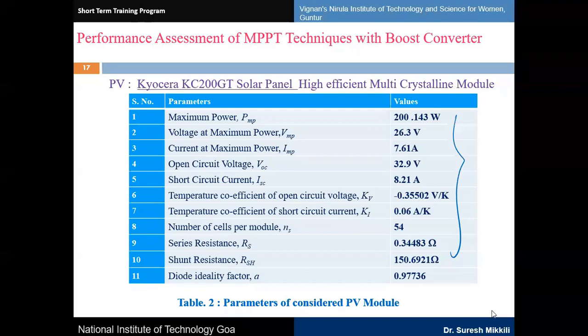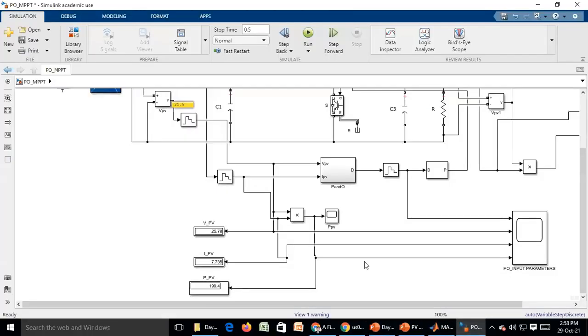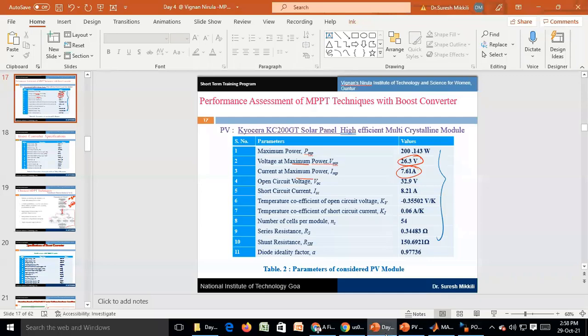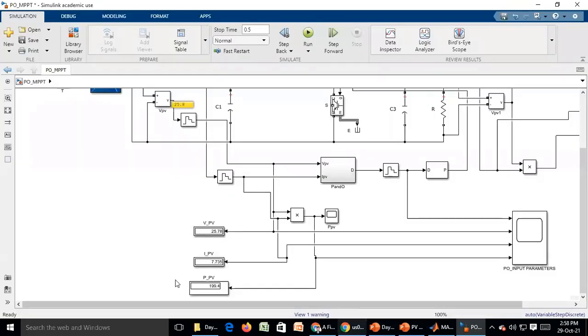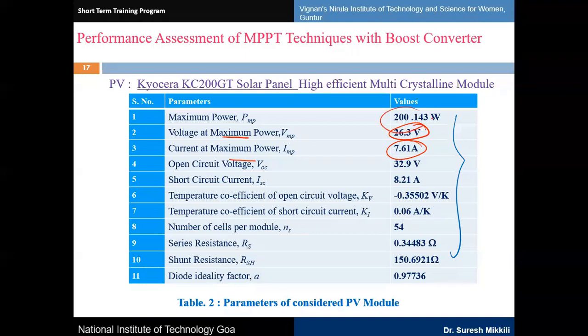The maximum power voltage is 26.3 and the maximum current is 7.61 has to come, isn't it? By simulation, we got approximately 25.78 volts and approximately 7.7 amps of current. Here we got 7.6, and the power is 200 watts.